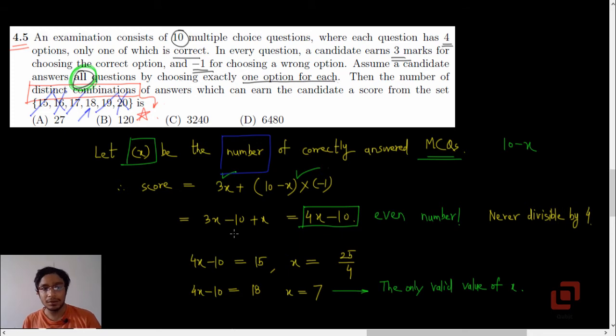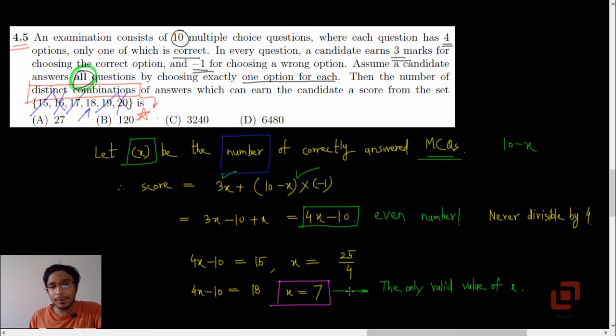The same argument works for 17 and 19, and for 16 and 20 you will also get a fraction. So 4x minus 10 equal to 18 is the only equation which will give you a valid value of x, that is a natural number, x equal to 7. So he or she will earn 18 marks, provided he marks 7 questions correctly and marks the remaining 3 incorrectly.